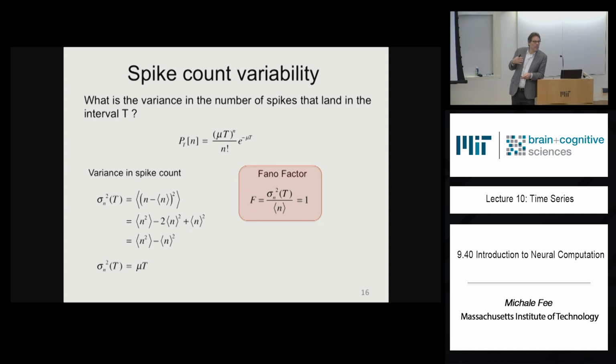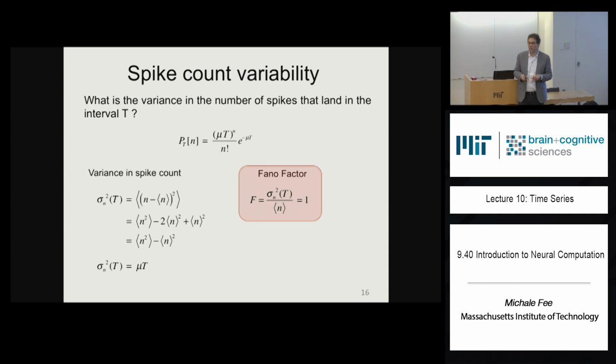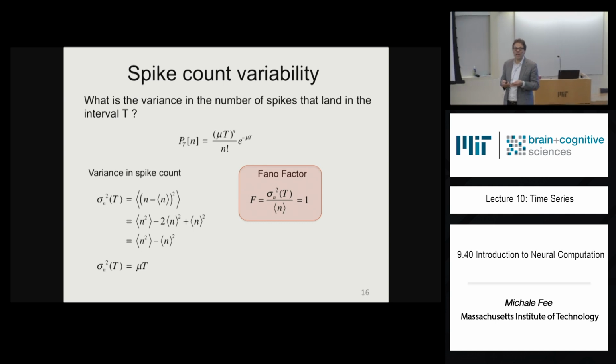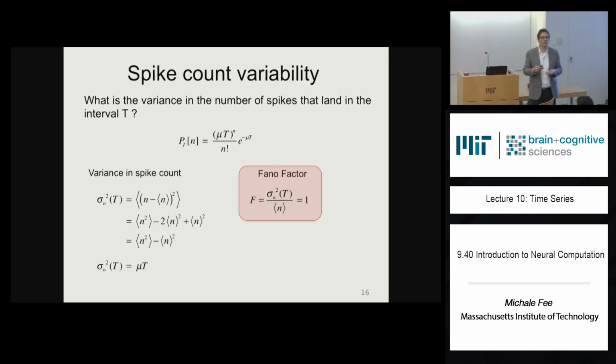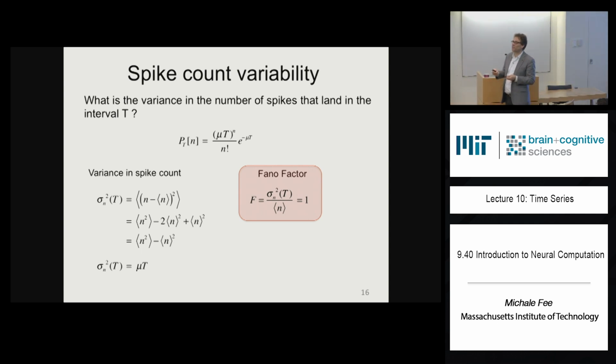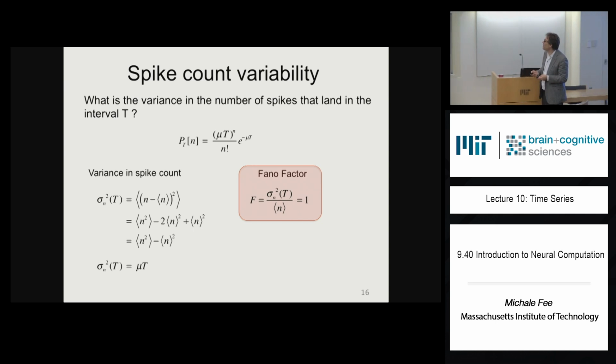So there's been a lot of discussion and interest in why it is that spike counts in the brain are actually so random. Why do neurons behave in such a way that their spikes occur essentially randomly, at some rate? So it's an interesting topic of current research interest.